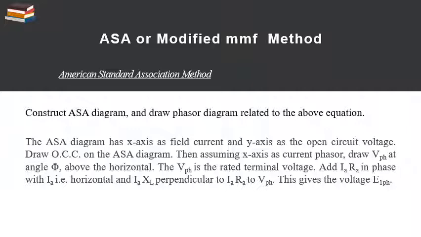Then, assuming the x-axis as current phasor, draw VPH at the angle phi above the horizontal. The VPH is the rated terminal voltage. Add IA into RA in phase with IA, that is horizontal, and IA into XL perpendicular to the IA into RA to VPH. This gives the voltage E1PH.